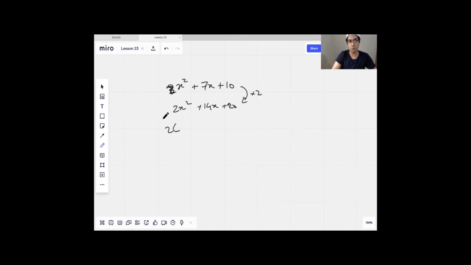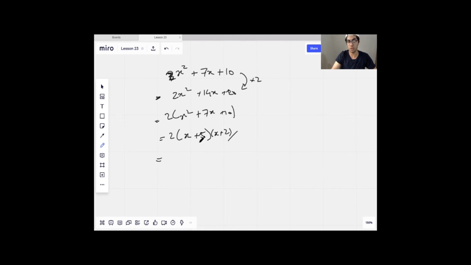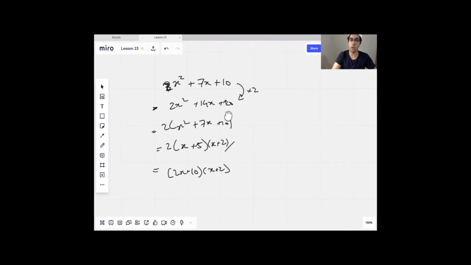So if we factor a 2 out, we have x squared plus 7x plus 10, the same one as we did originally, so that becomes 2 times, x plus 5, x plus 2, and we've factorized it. Sometimes you might want to take the 2 inside one of the brackets, so you get 2x plus 10, and then x plus 2. So if you can spot a common factor to take out so the coefficient of x squared is 1, that's a good neat trick to make your life easier.